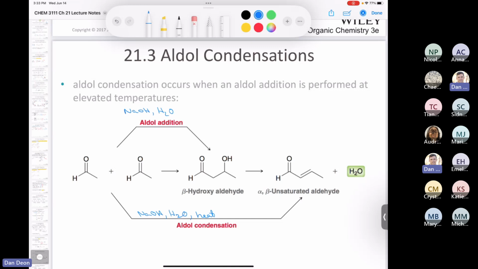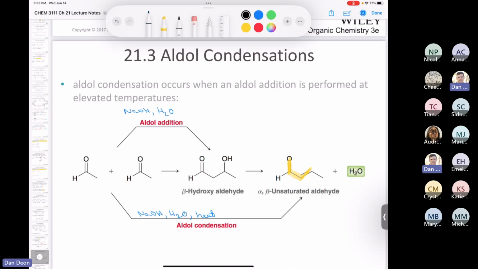And something that's interesting about these whole condensation versus addition products is that when we heat it up, it doesn't mean you heat it up sky high to 150 degrees or anything crazy like that. It's actually usually very mild heat that we need in order to make the alpha beta unsaturated aldehyde. And why is that? It's because the driving force of this reaction is the formation of a conjugated system.